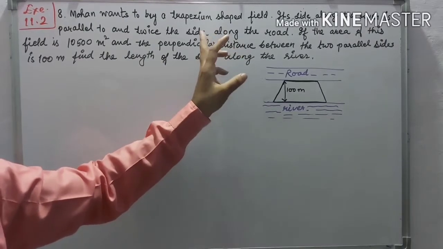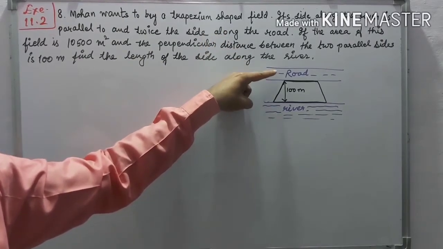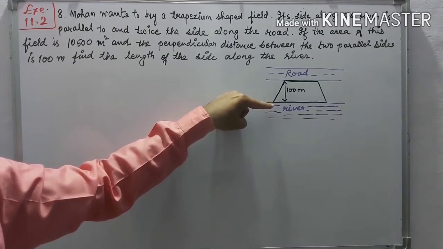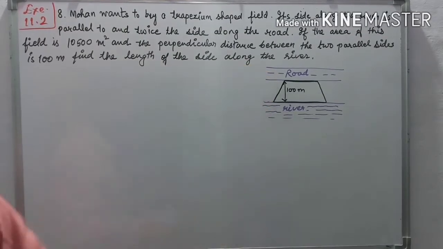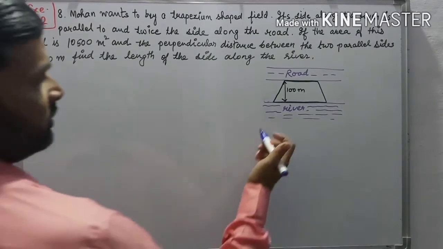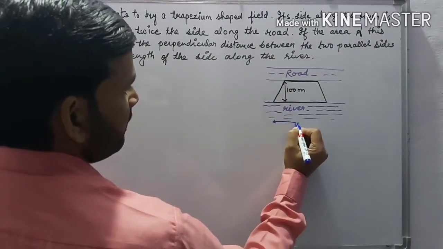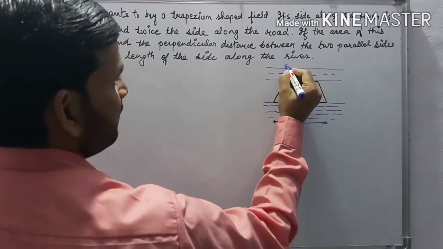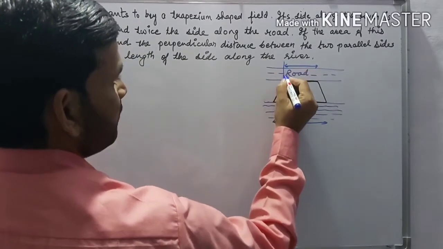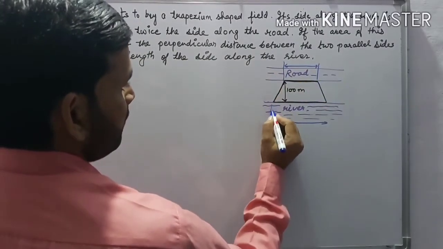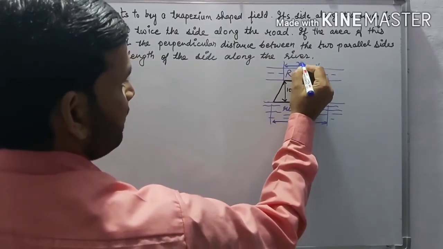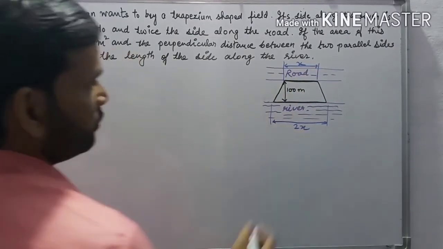The river side is twice the road side. Suppose the road side is x, so the river side is 2x.